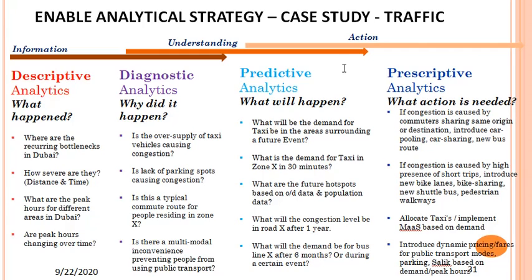Once we have this predictive analytics, we move on to the action which needs to be taken in order to overcome these things. That action comes under prescriptive analytics. In prescriptive analytics, we want to determine what action is needed.